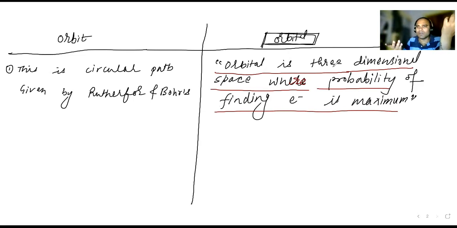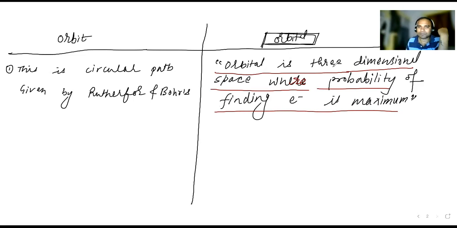They are continuously moving, not only on a circular path but on a 3D path, because the structure of the atom is spherical.